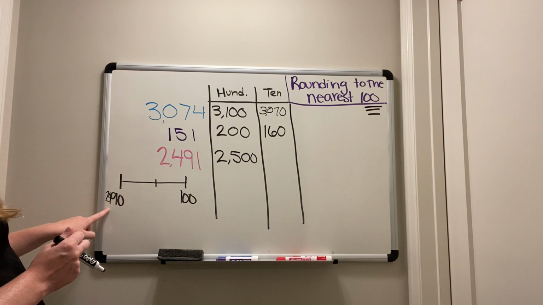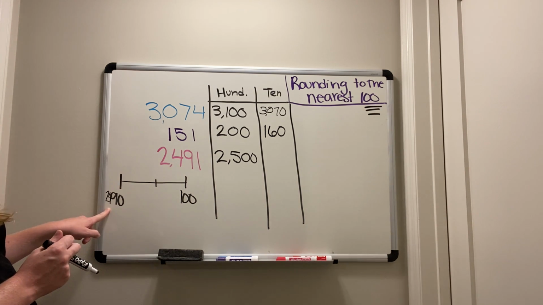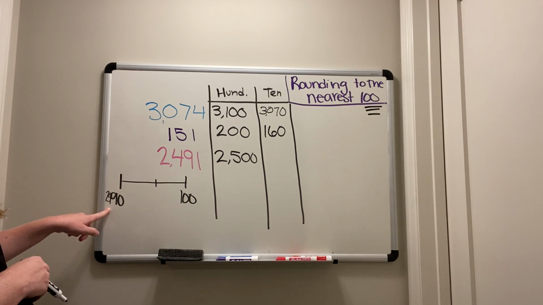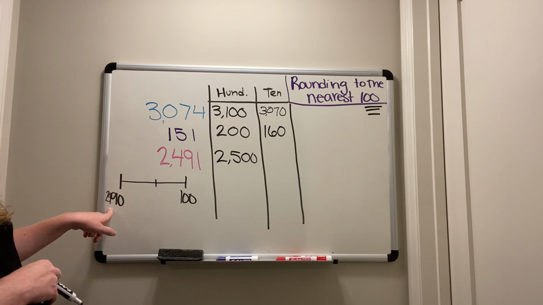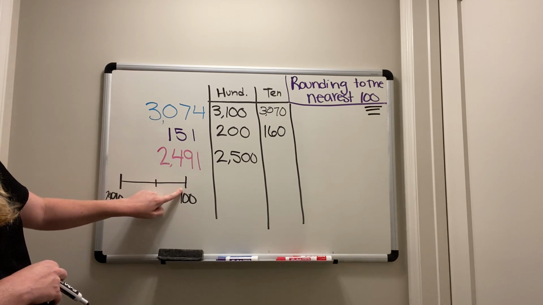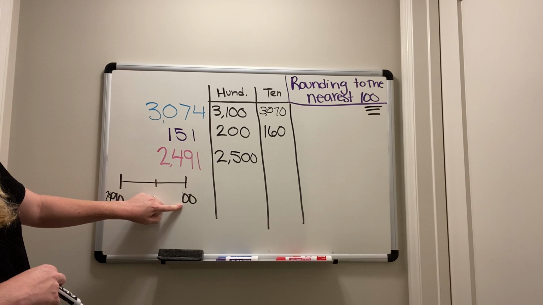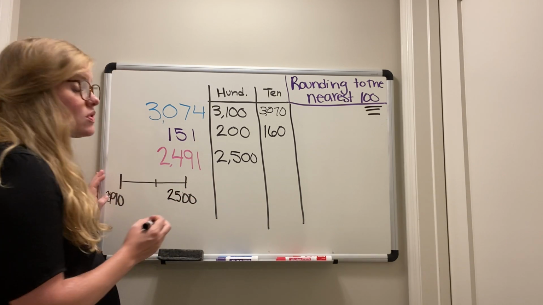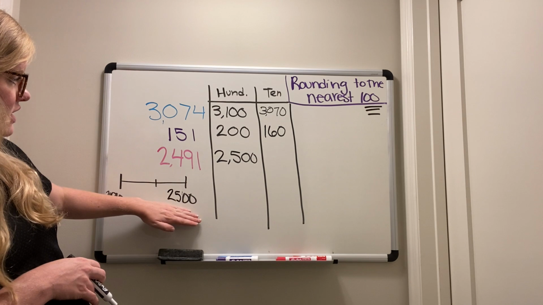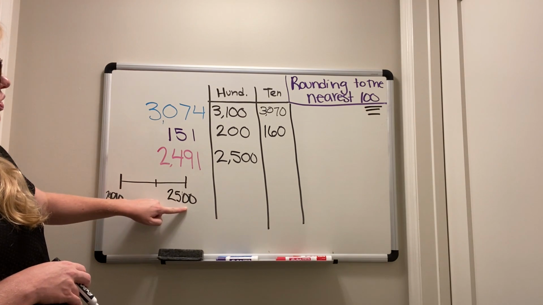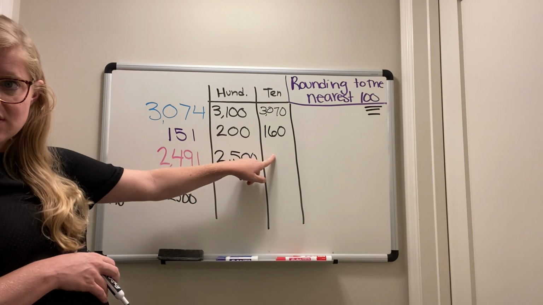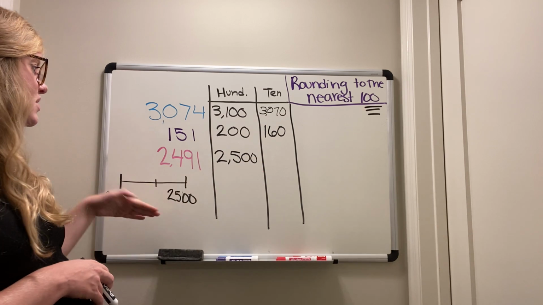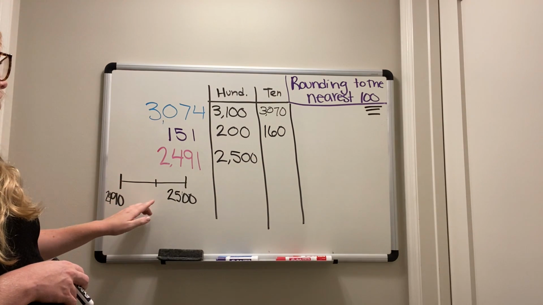But if you look, 2,490, what is 10 more than 2,490? We would have 2,500. So scholars, this might be one of the times where you have 2 zeros when you round to the nearest 10. Okay, but let's investigate a little more.